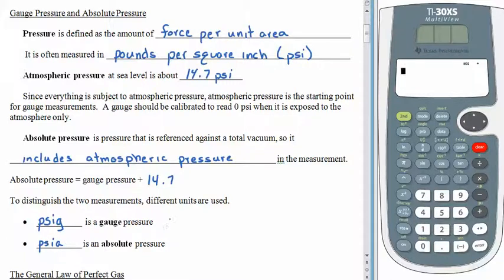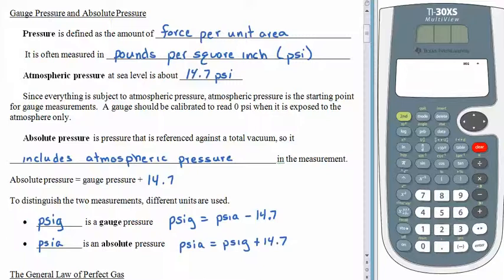So PSIG is the absolute pressure with atmospheric pressure taken out. And absolute pressure is the gauge pressure with atmospheric pressure factored in.